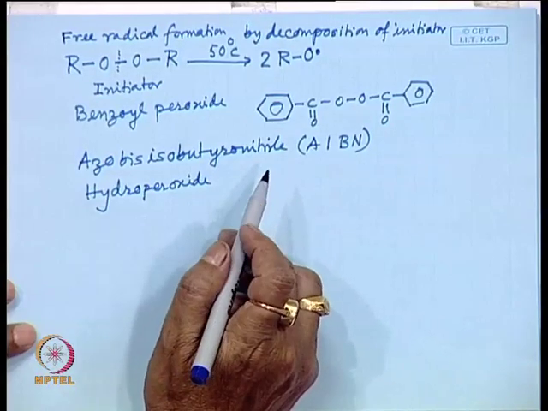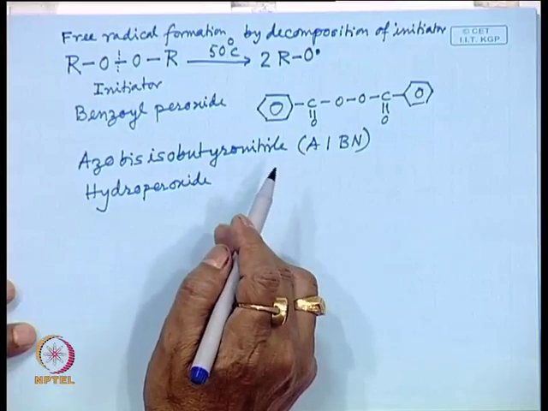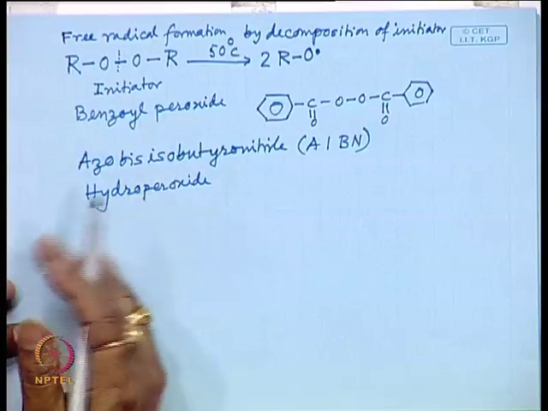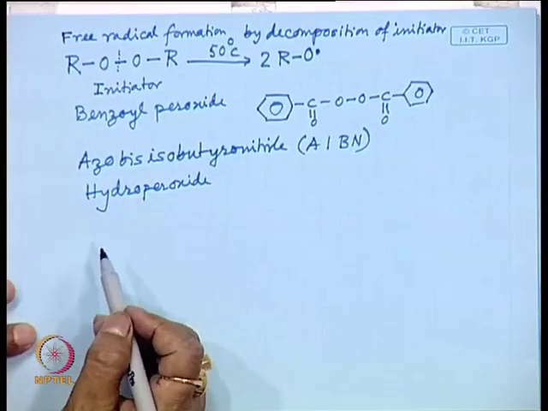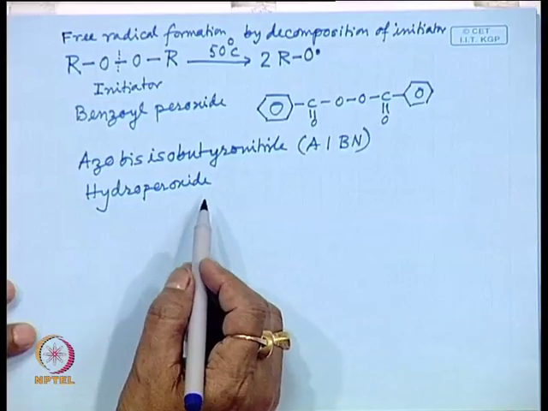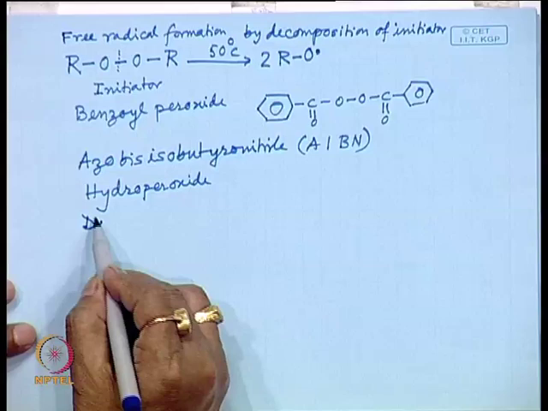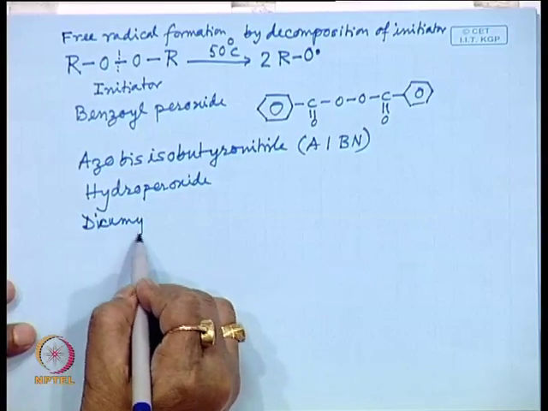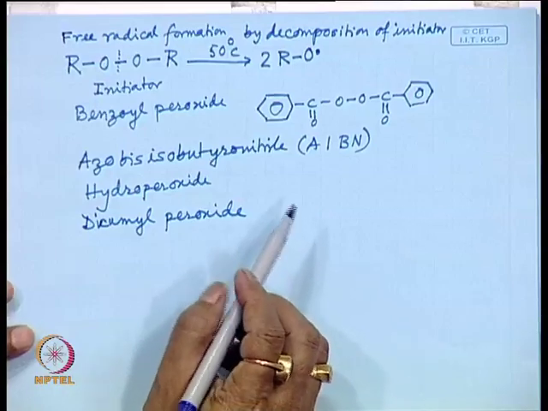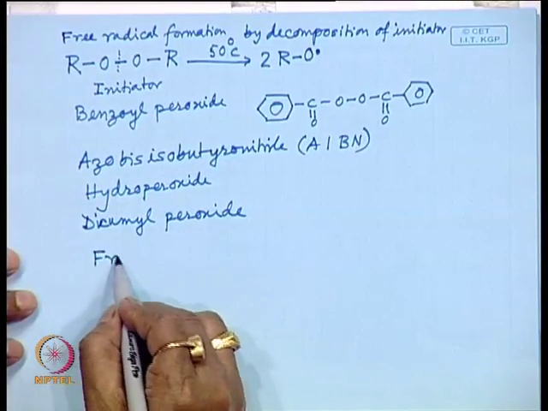That azo bond, nitrogen double bond nitrogen, is unstable and will break, releasing a free radical. Hydroperoxide can be cumene hydroperoxide or dicumyl peroxide. So, these are known as free radical initiator compounds or molecules.